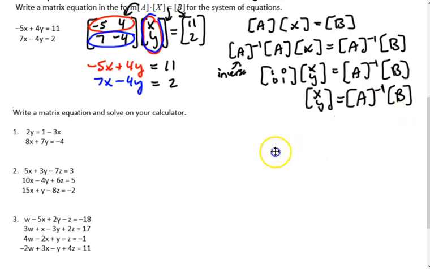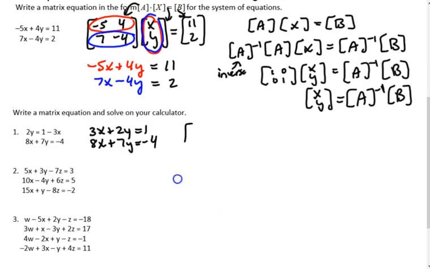So let's look at how this is done on a calculator. First of all, let's set up a matrix equation. The first one is not set up nicely. I have to get everything in columns first. So I need to add 3x to both sides. So I have 3x plus 2y equals 1, and then 8x plus 7y equals -4.